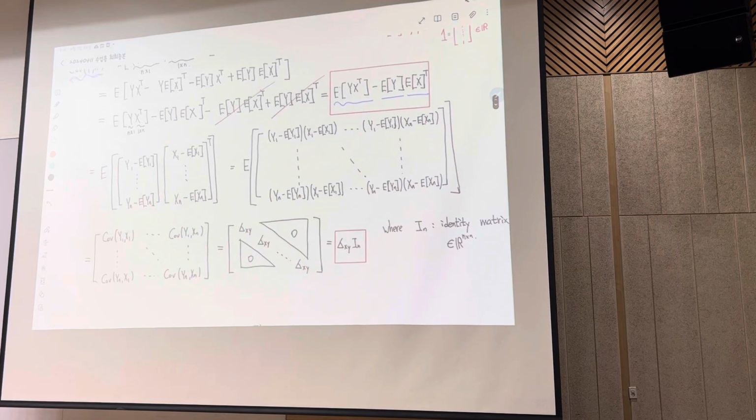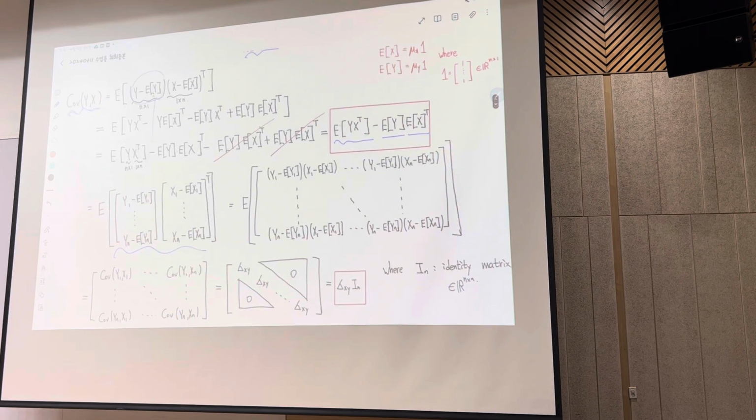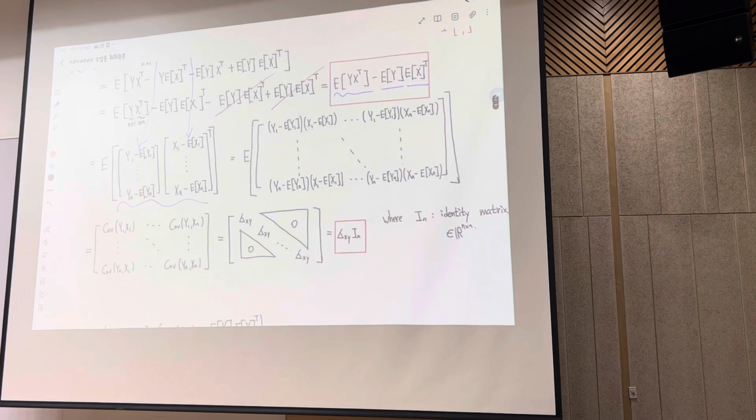And it can be calculated like this. This one is this one, this one is this one. Then it is n by 1 vector. It is n by 1 vector times transpose 1 by n. So it is n by n matrix.